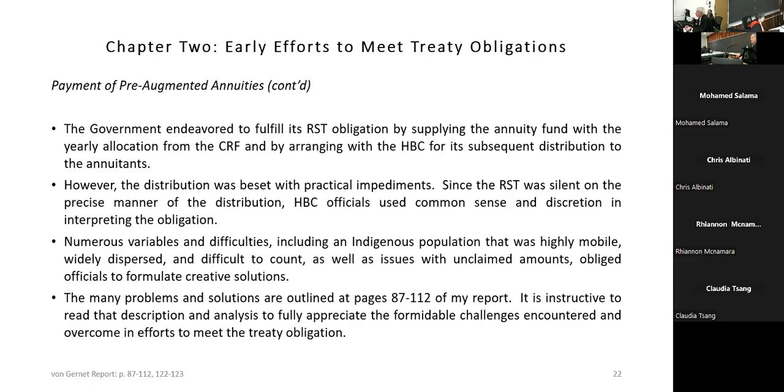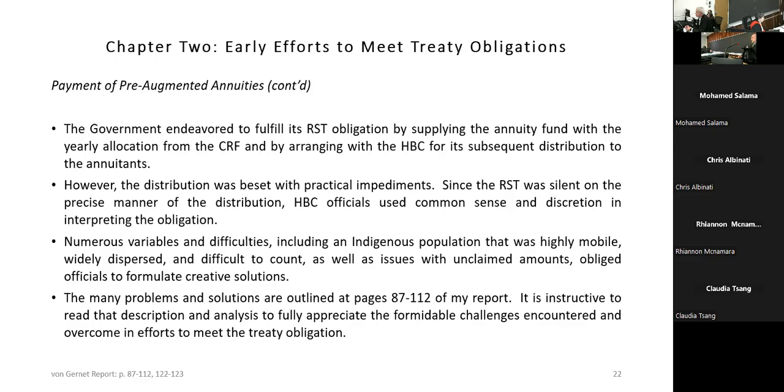So he didn't think it was that much of a problem. However, it did become a problem because some of them showed up on census, on HBC census figures, and others didn't. And so that was another issue.